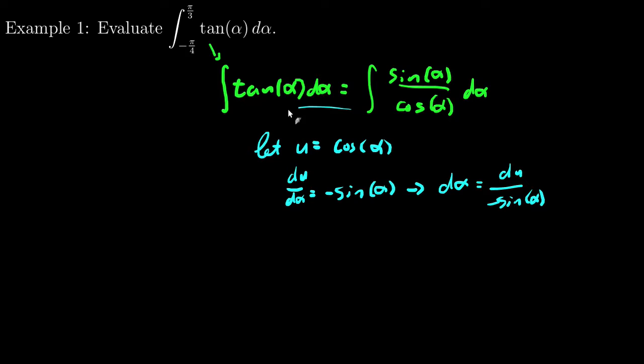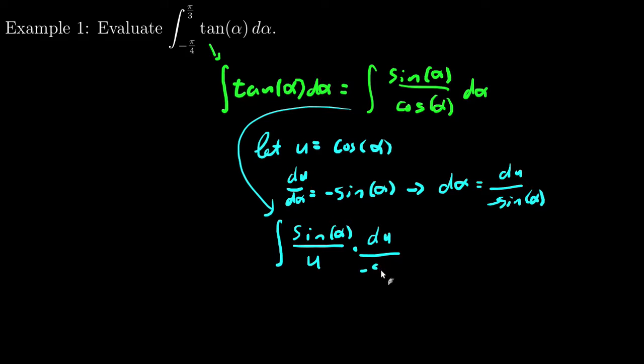So I can rewrite this as the antiderivative: I'm going to leave the sine alpha here briefly, change the cosine alpha into u, and change the d alpha into du over negative sine of alpha.